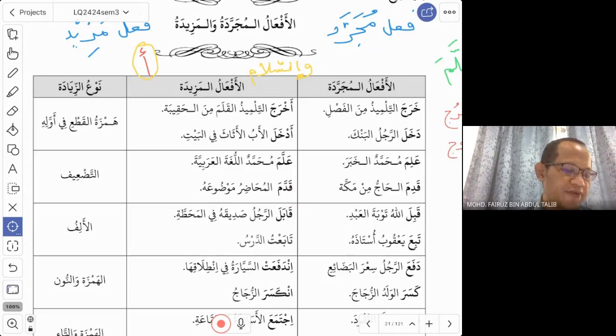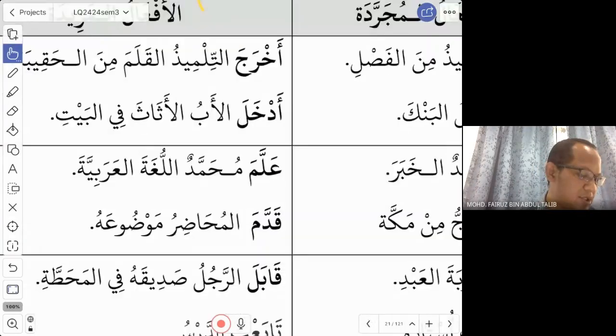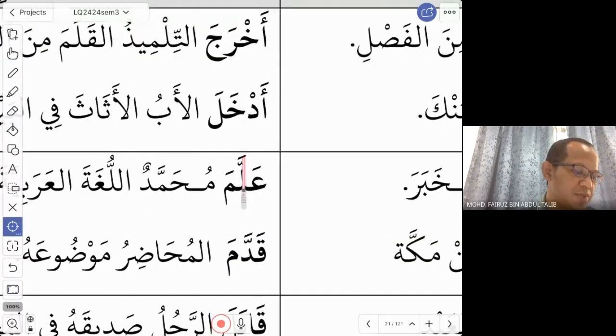Now from the fi'l alima, we change it to allama. If you look at the fi'l allama, you have ain, you have lam, but do you see the shadda? Do you see this shadda? So what does this mean? This means that there are two lam, not just ain, lam, mim.